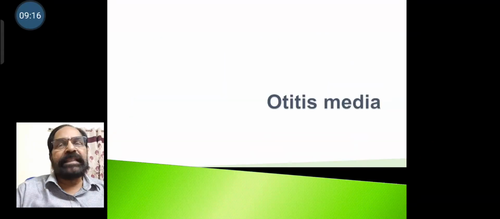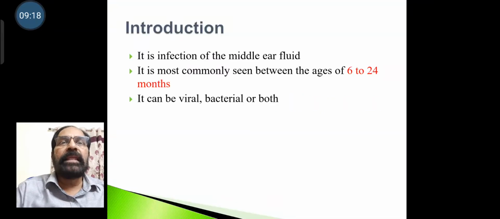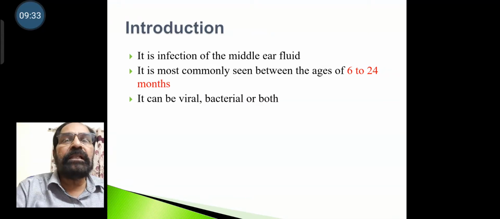Then we go to otitis media. It is the infection of middle ear fluid. It is most commonly seen between the ages of 6 to 24 months. It can be viral, bacterial, or both.